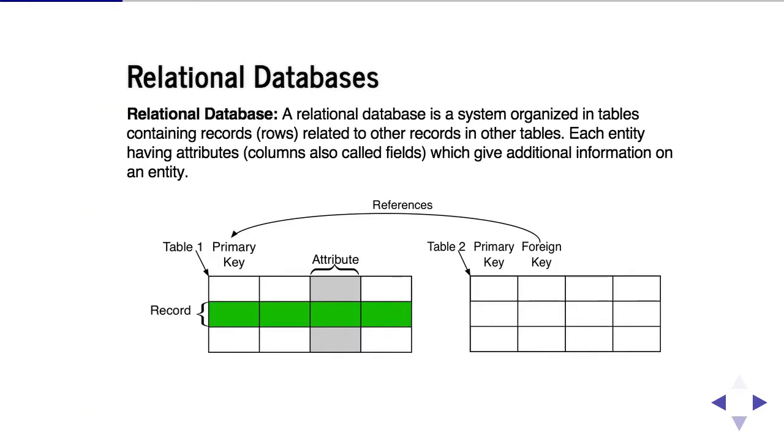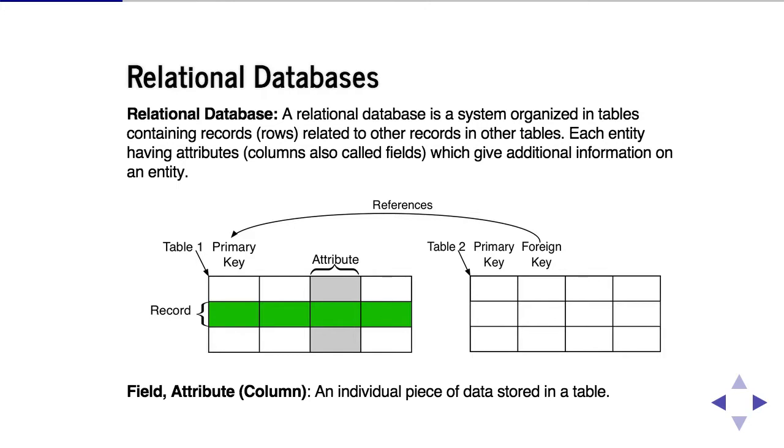So, relational database. A relational database is organized into tables containing records, which are rows, and attributes, which are columns. Each table is identified by a characteristic called a primary key, and foreign keys basically reference other tables, so they can describe relationships between various tables.